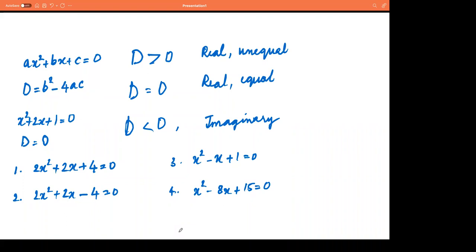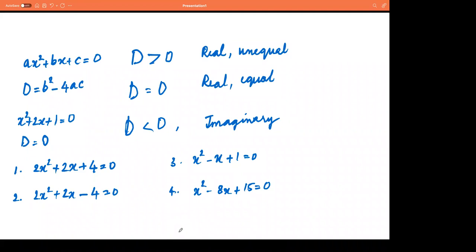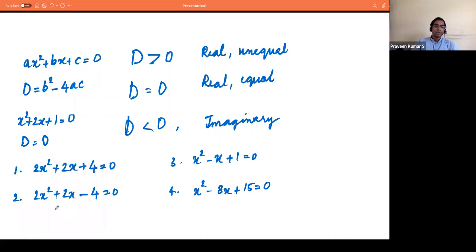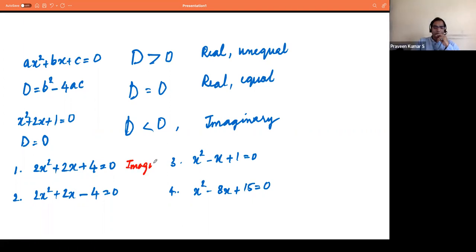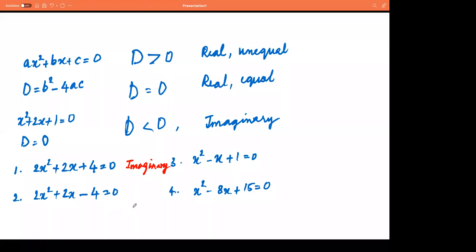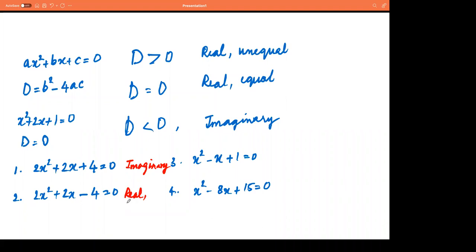Yes, sir. What is the discriminant in the first case? Minus 28. So what will happen to the roots? Imaginary roots. What about the second case? 36, it will be plus 36. So the roots are real and unequal.